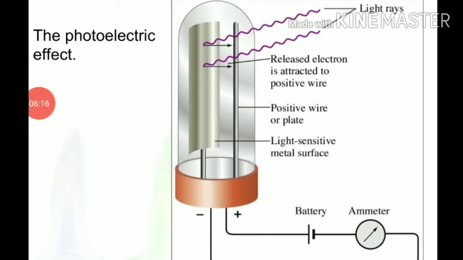Here is the schematic diagram of the photoelectric effect, where light rays strike the metal surface, where the metal electrons absorb energy in the form of a photon, are excited to a higher energy level and eject from the metal surface and travel towards the positive plate. In this way, electrons travel from the negative plate to the positive plate.